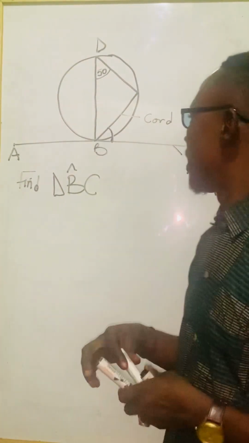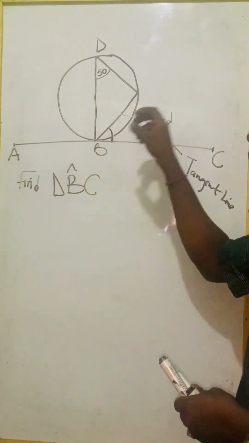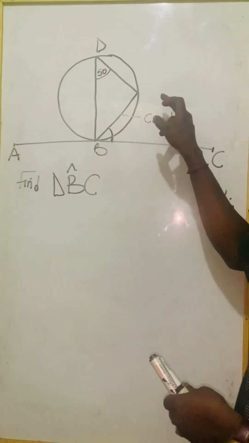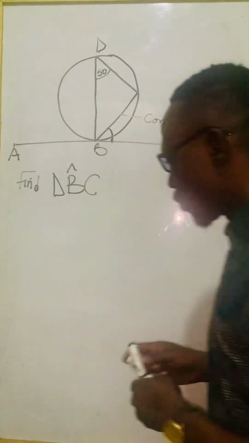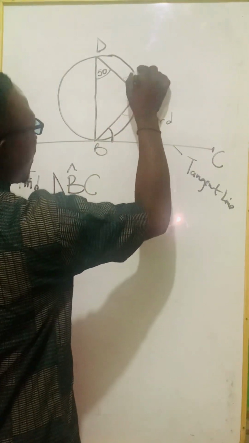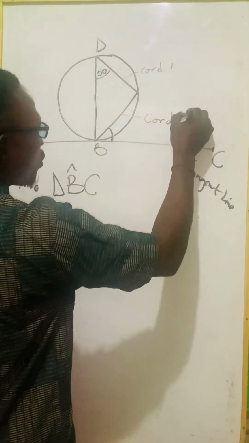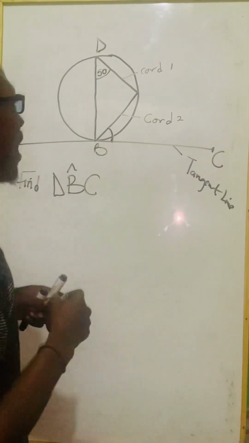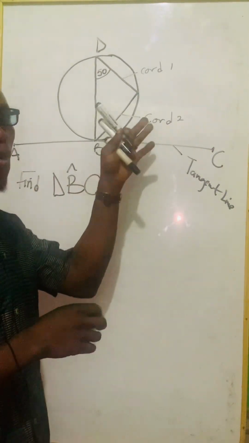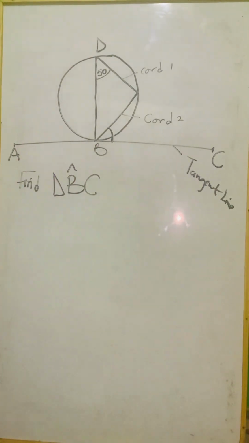The line arcing from one part of the semicircle to another is called a chord. We have another chord on top here, so we have chord 1 and chord 2. These are basic things we need to know when we are talking about circle theorem.